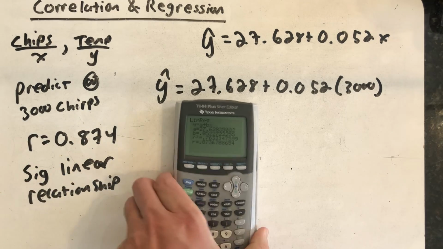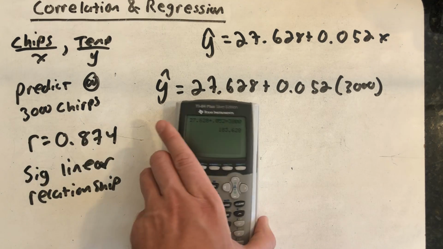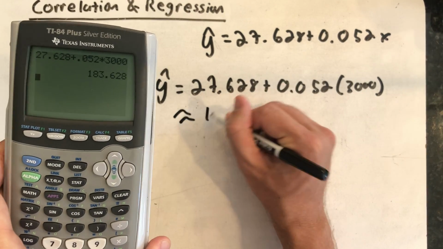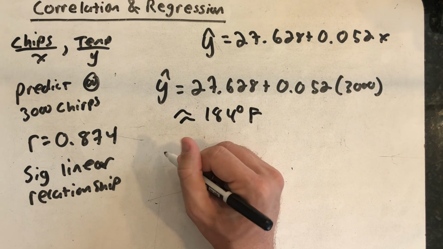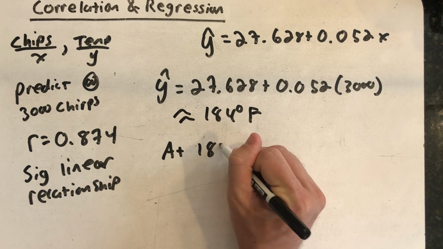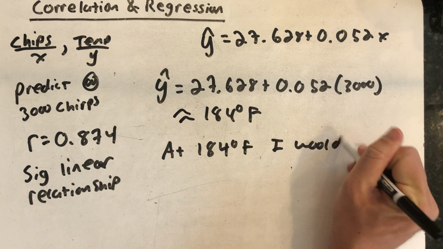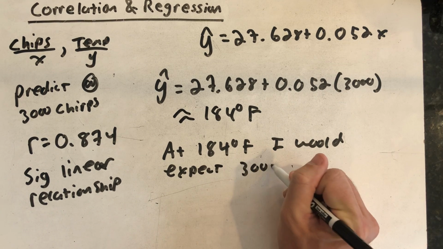All right, so let's see what happens. 27.628 plus 0.052 times 3,000. And I get something that's really close to 184 degrees Fahrenheit. So if I was just doing this naively, I would say at 184 degrees Fahrenheit, I would expect 3,000 chirps per minute.